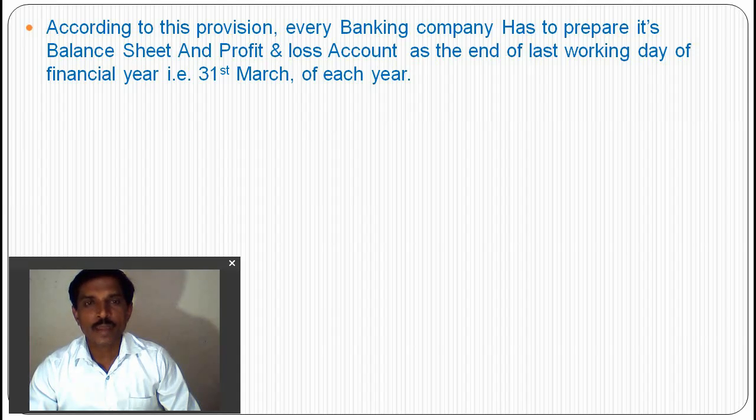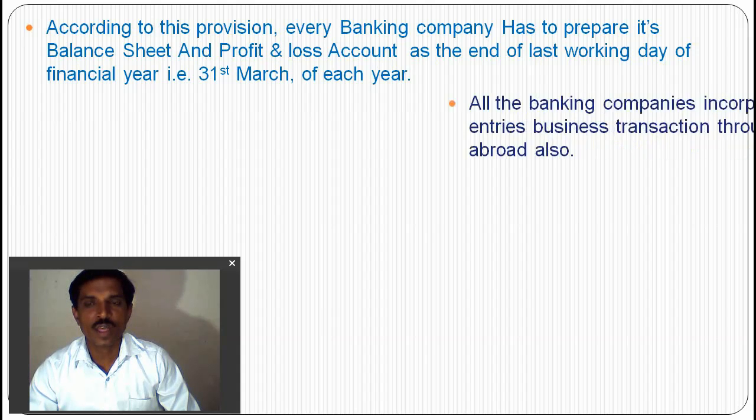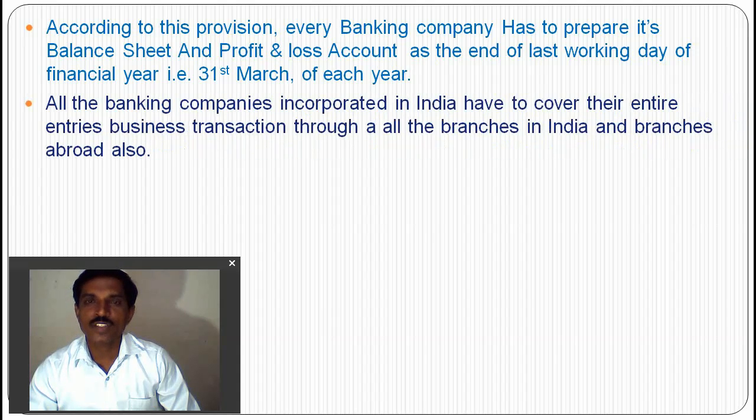So every bank prepares its balance sheet by 31st March of each year. All the banking companies incorporated in India have to cover all business transactions of all branches in India and branches abroad in the balance sheet. So transactions in India and transactions from abroad are also included in their balance sheets.